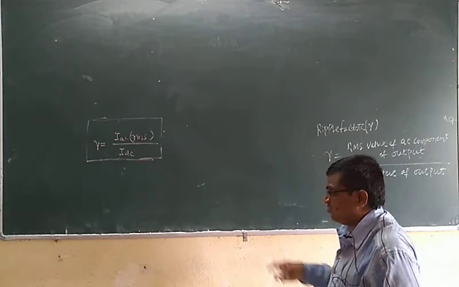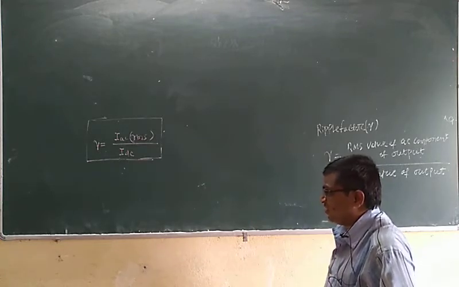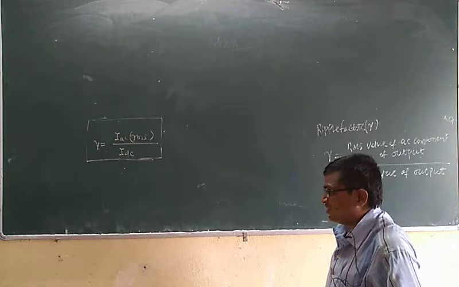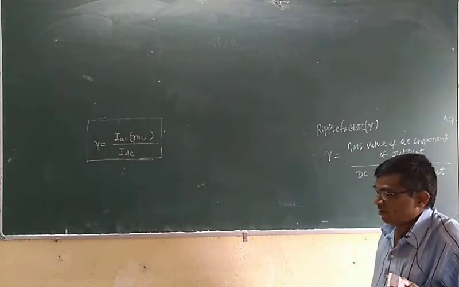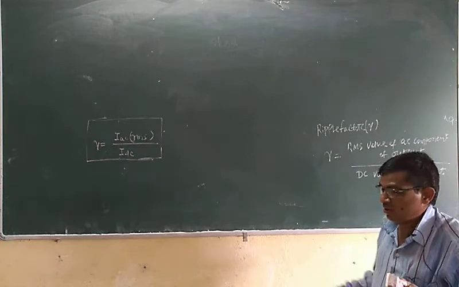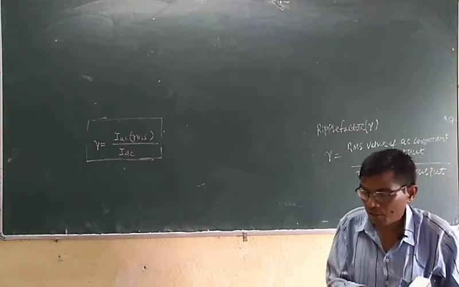Now we first calculate I_AC RMS and divide it by the I_DC value, then we get the ripple factor, or gamma.